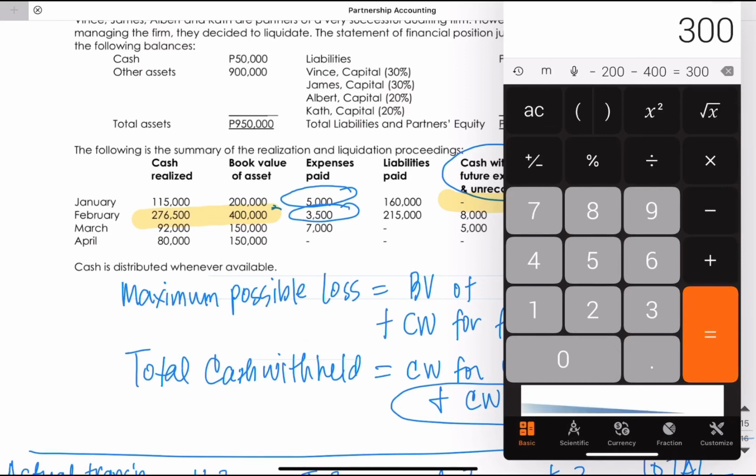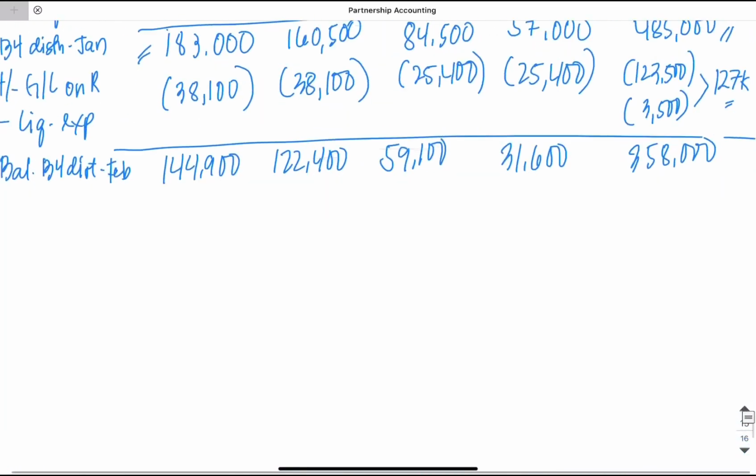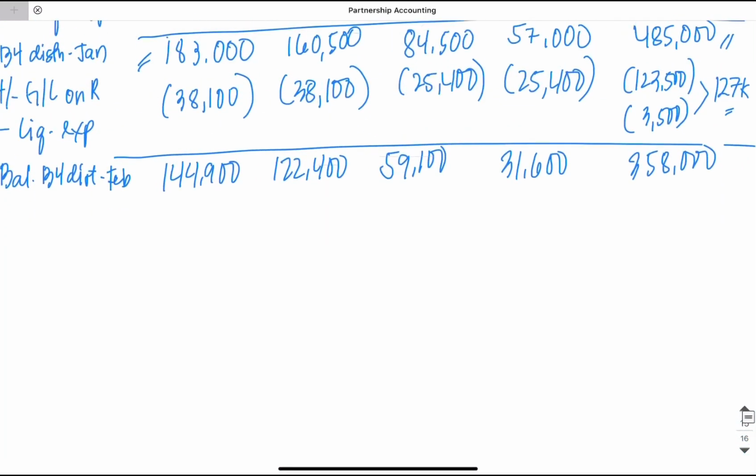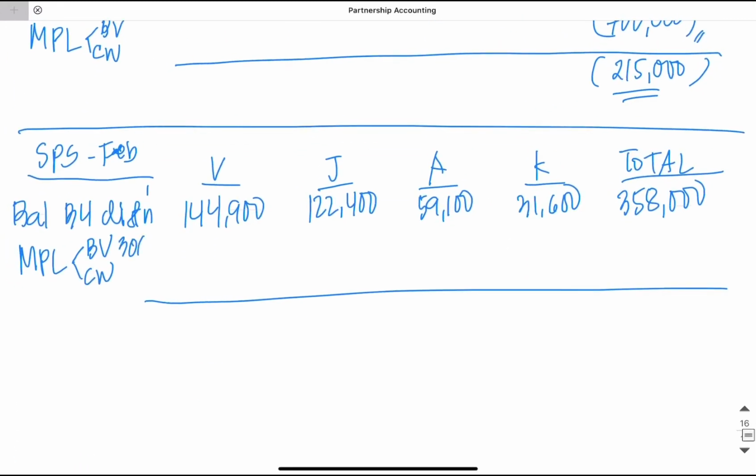So the only remaining non-cash assets amounted to 300,000, plus cash withheld for the month of February of 8,000. So our maximum possible loss amounted to 308,000. When we deduct 358 minus 308, it is a positive amount, 50,000.